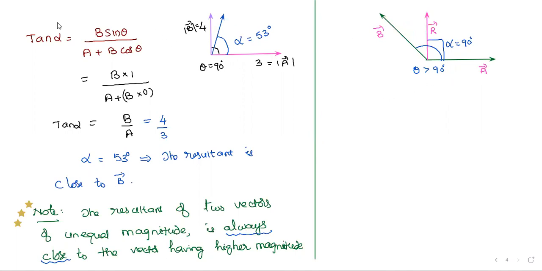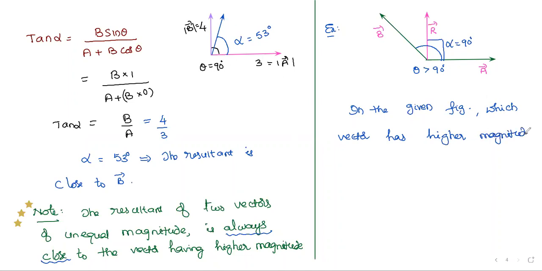Okay. Now in this case, I say, from the above example, in the given figure, which vector has higher magnitude? This is what I asked. Then directly you can say, yes, sir, the answer is B, sir.